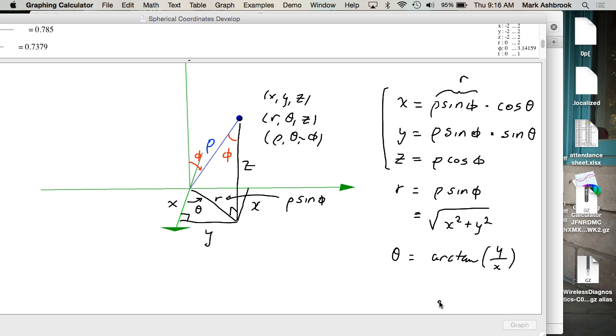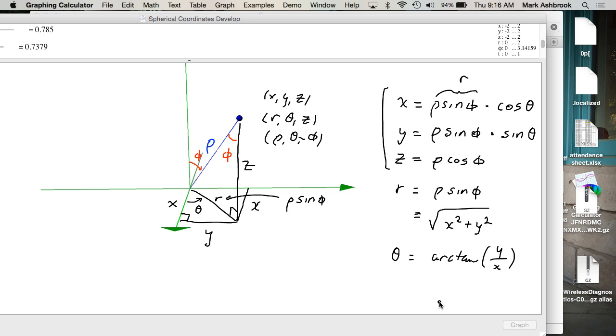There's no relationship between theta and phi. Those are two totally independent variables, right? Theta and phi, there's no dependence. Those are chosen independently because they're in different planes, right? Theta, a horizontal sweeping angle. Phi, a vertically sweeping angle.